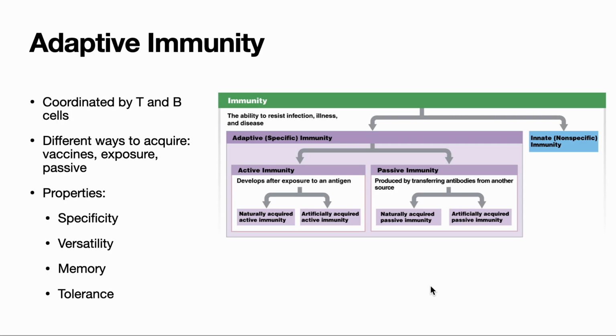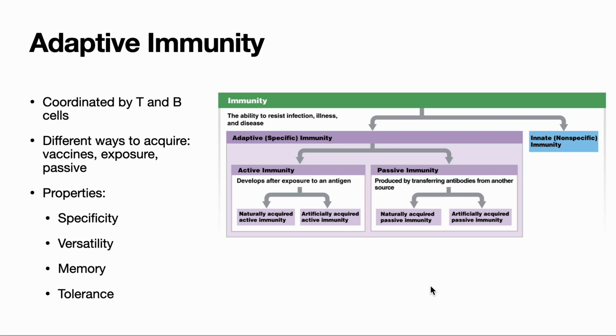What we're going to talk about today is active immunity, where upon exposure to an antigen, a response is generated. And one thing that will happen is we will make antibodies in response to that antigen. Since we're making the antibodies, we consider it active. Now, that exposure to the antigen could be natural or artificial.